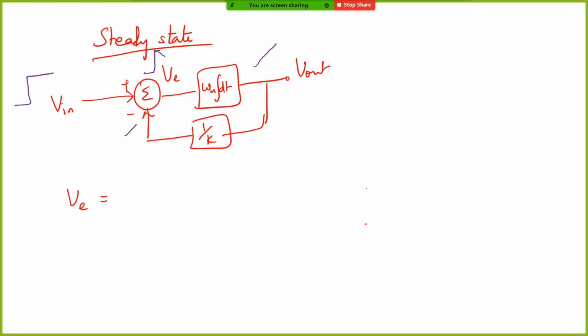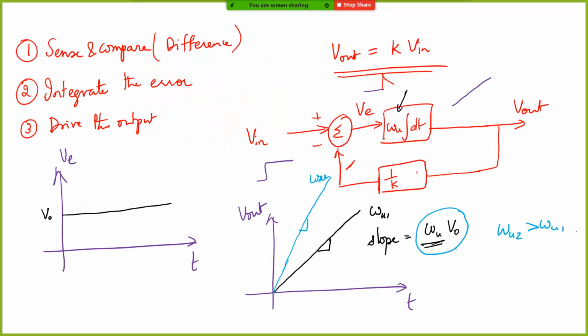So now the error will start decreasing, and so the amount by which it integrates will also start decreasing, right? Because the slope, we said the slope is what? Omega u times V naught, correct?